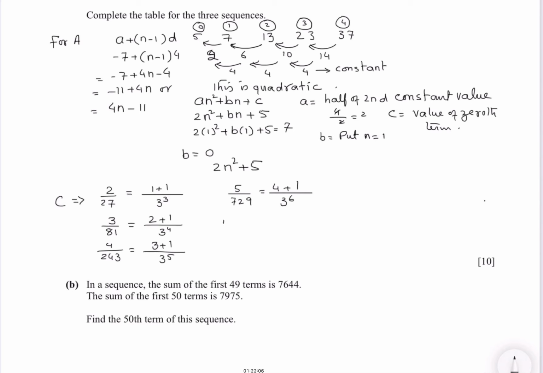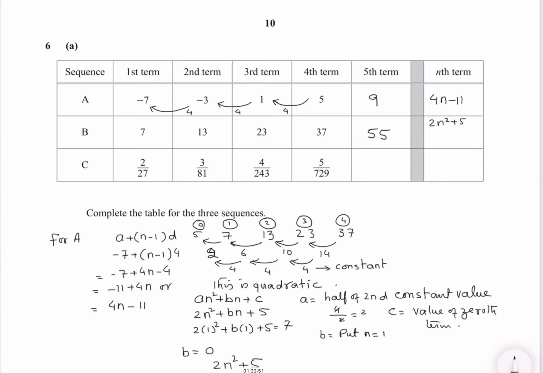So we can write n equals 5. So 5 plus 1 over 3 power 7. This is your fifth term, you can write it here.